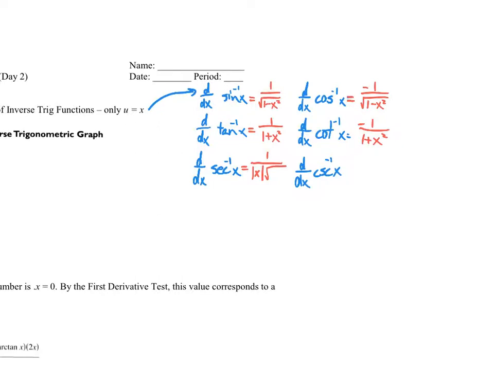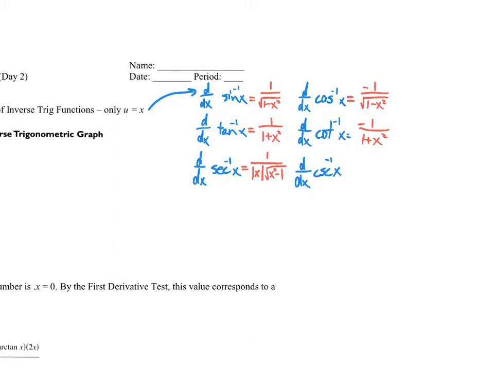Is that right? You can look. So 1 over the absolute value of x times the square root of x squared minus 1. Is that right? Yeah. Good. You guys should be double checking each other.